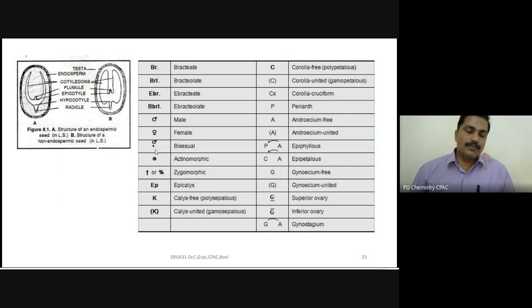Bisexual, both male and female present in the same flower. And actinomorphic. That means the flower has equal portion. When you cut 2 pieces or 3 pieces, each piece is equal portion, that is called actinomorphic. If it is unequal portion, that is called zygomorphic. Irregular flower, zygomorphic.